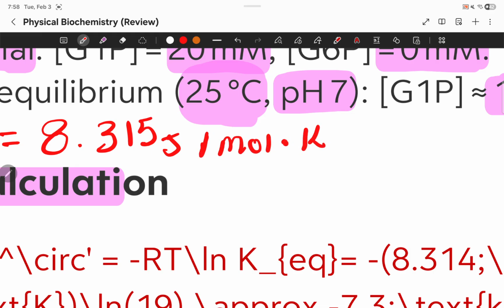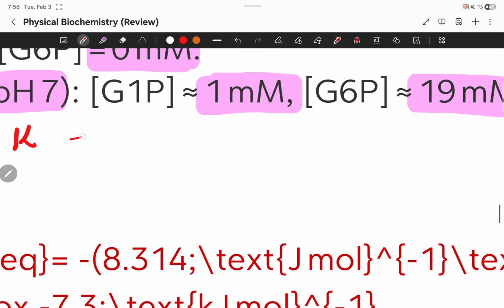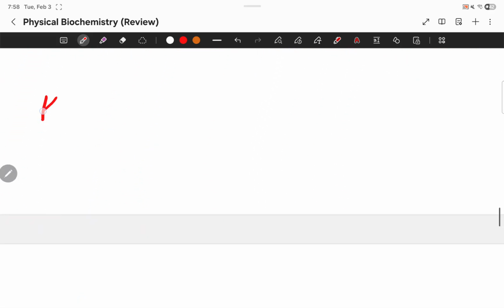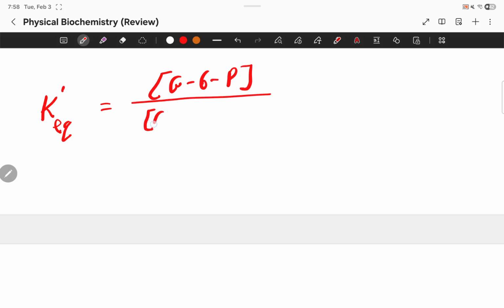So that's the unit for the gas constant, known as R. Now, for this calculation, we are going to have our K equilibrium, which is equal to the concentration of the products over the concentration of the reactants.